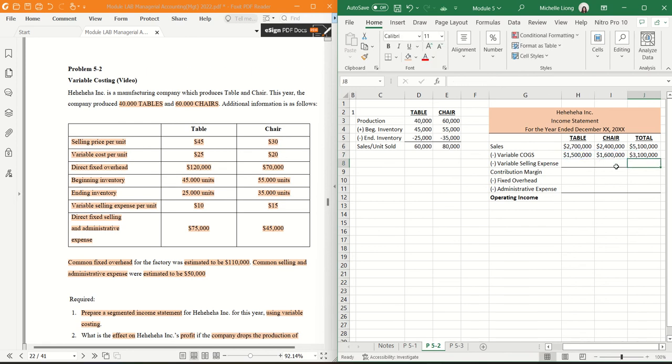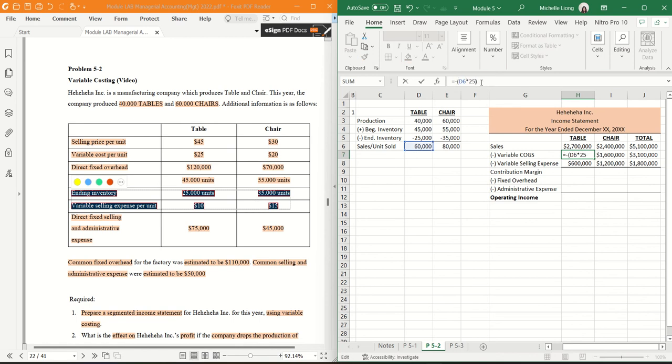Next one is we have the variable selling expense, because they wrote it down here, the variable selling expense per unit. So per unit, you need to multiply by the units sold, times $10 for table and $15 for chair. And again, we calculate that. And we get our contribution margin. Sorry, the minus.